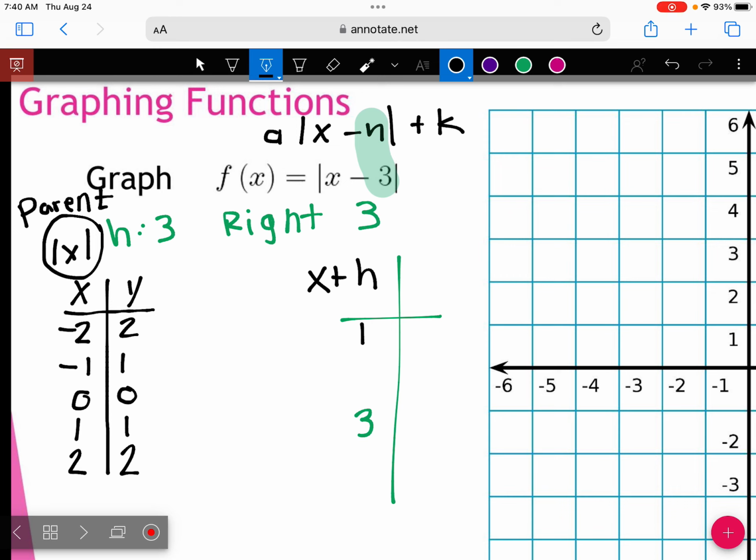My -1 plus 3 to give me 2. 0 plus h, 0 plus 3 gives me 3. 1 plus h gives me 4. 2 plus h gives me 5. So if we use our h value when we're going from the parent function, adding h, we put it here, x plus h, okay?